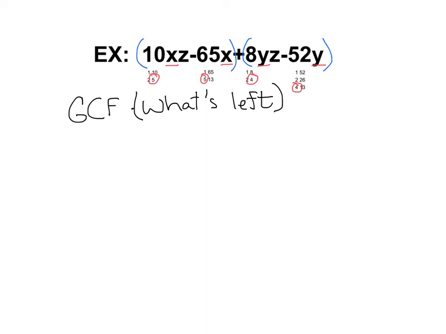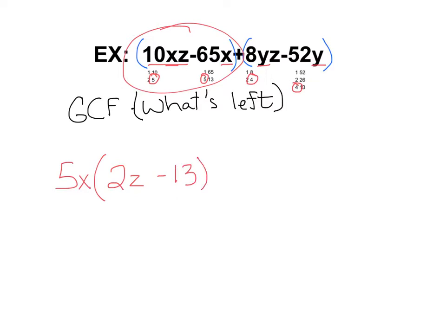So my GCF for this first section will be 5x, and if I divide 10xz by 5x, I'll get 2z. If I divide negative 65x by 5x, I'll get negative 13. So that will be my first section.